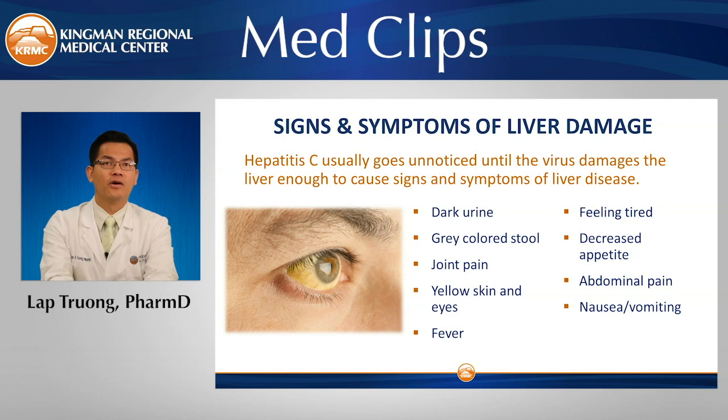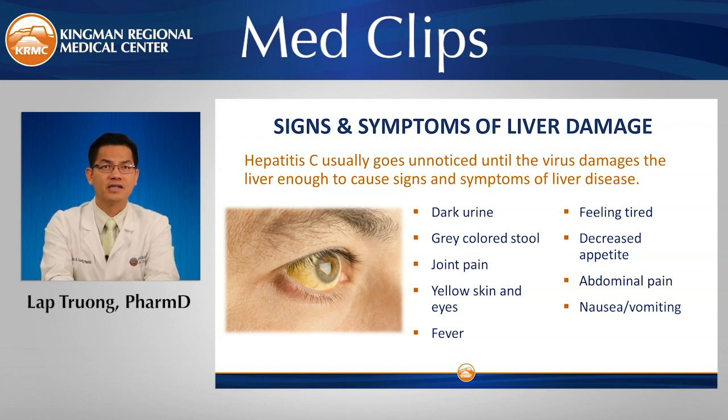Yellow skin or eyes is very common and very obvious for hepatitis C or any kind of hepatitis infection. Fever can also be experienced by patients who have hepatitis C. Feeling tired, don't ignore feeling tired by the end of the day after work. Sometimes this can also be one of the signs or symptoms.